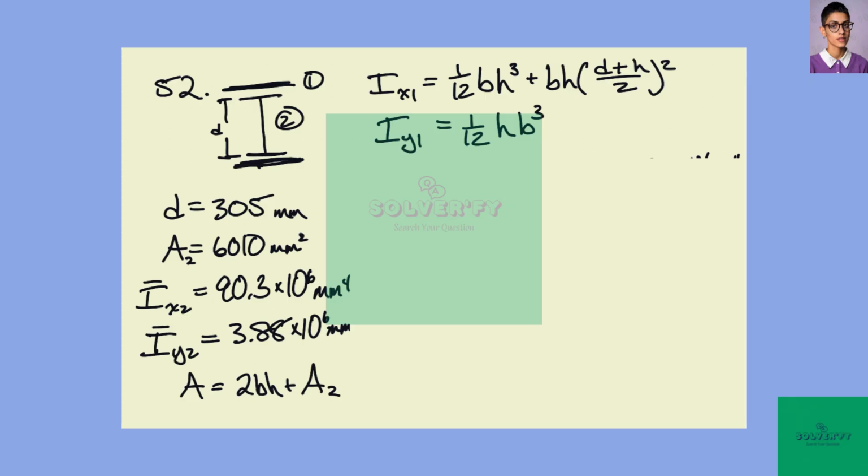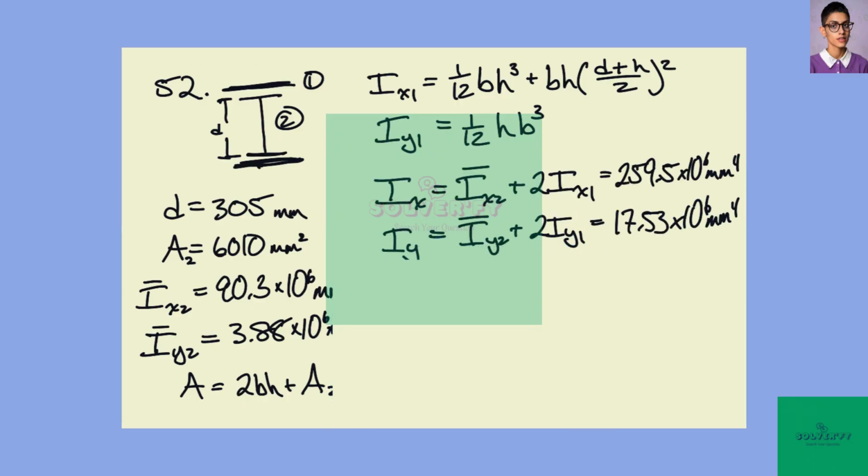So that's the area moment about the centroid, plus, for the x-axis, we need to use the parallel axis theorem: plus its area times d over 2 gets us up to the bottom of this plate, and then we need to go h over 2 to get to the middle of the plate. So we get d over 2 plus h over 2, squared. The centroidal y-axis for this whole cross-section goes through the centroidal y-axis for the plates, and so that just becomes 1/12 h b cubed.